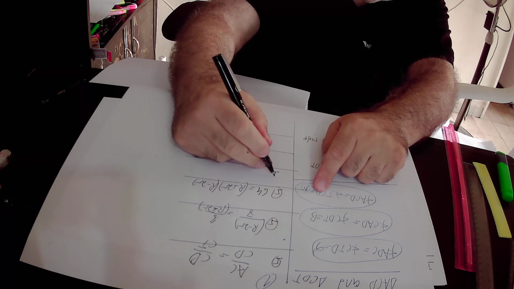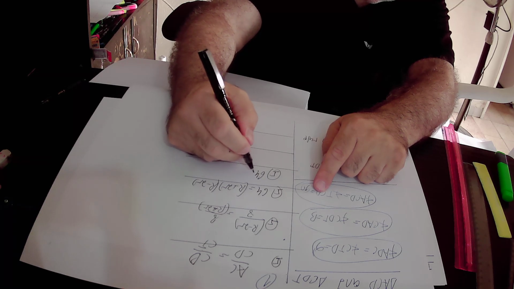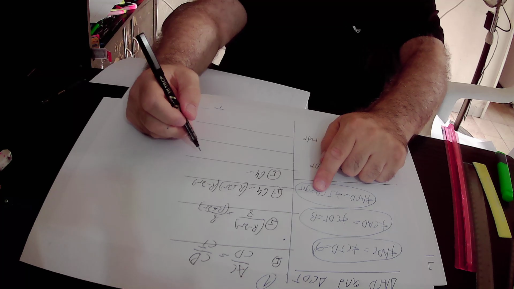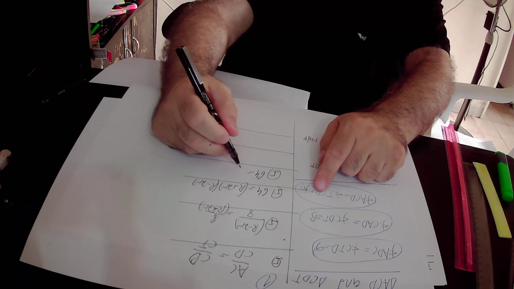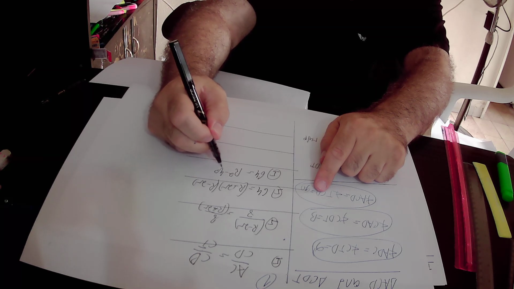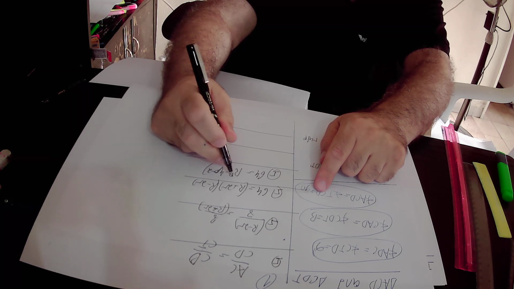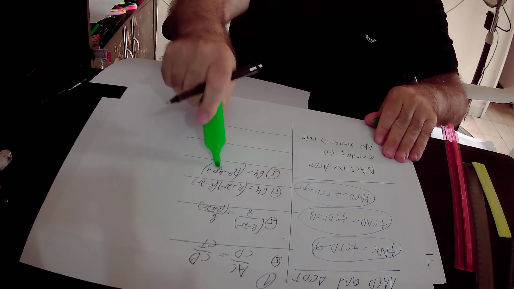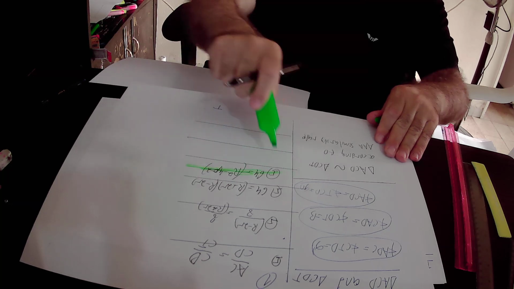We have already found out that this expression equals capital R square minus 4R square. Okay, according to equation number 1, 64 equals capital R square minus 4R square.